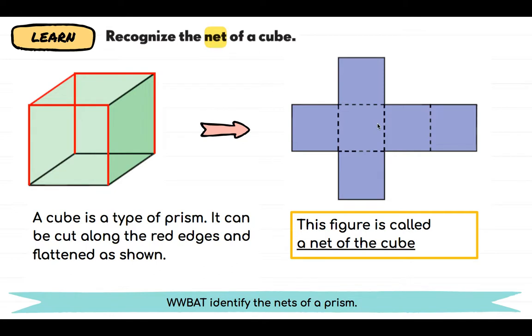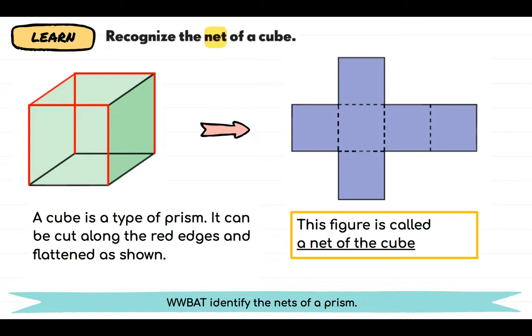So not all figures that have 6 equal faces are cubes. You have to make sure that you can see the top and the bottom and the left and the right, and make sure that there are 6 faces in total.